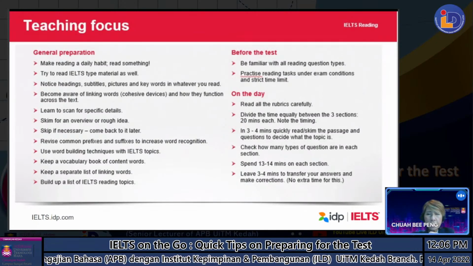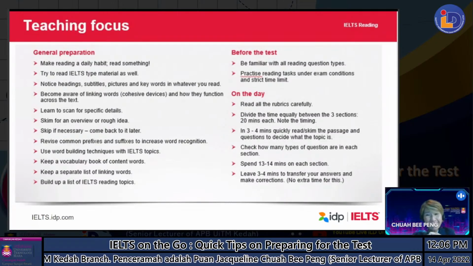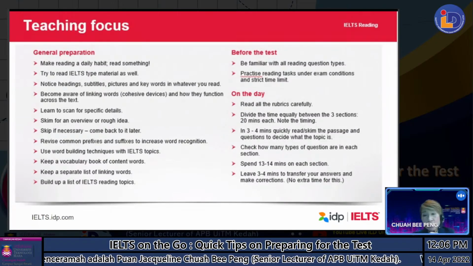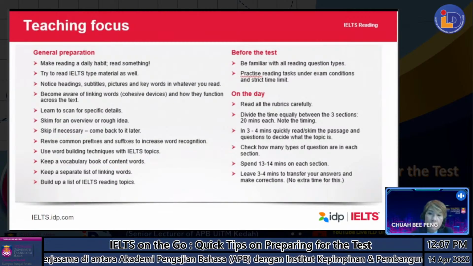Quick calculation again. 20 minutes maximum. After 20 minutes, move on to the next section, even though you have some questions that you haven't answered. Make sure you cover all the 3 sections, because if you don't, you might not get the marks, the band that you need, because you haven't answered all the questions.